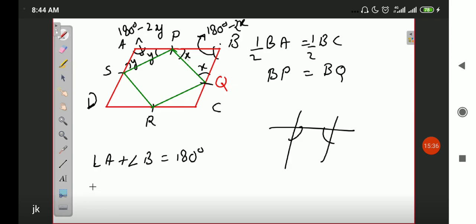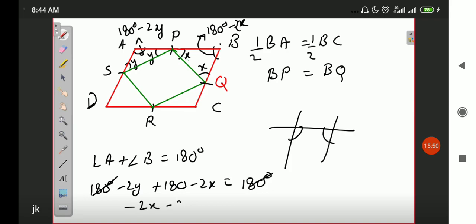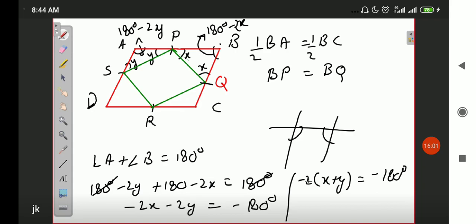Now angle A was 180 degree minus 2y, angle B was 180 degree minus 2x, and the sum will be equal to 180 degree. So 180 degrees cancel. This is minus 2x minus 2y is equal to minus 180 degree. We take minus 2 as common, x plus y will be equal to 180 degree divided by 2, and we simplify it, x plus y will be 90 degree.